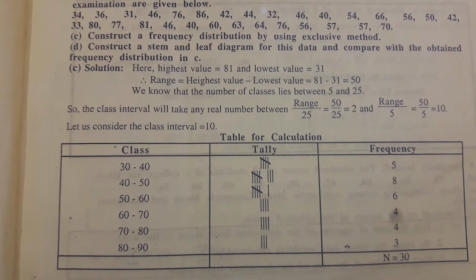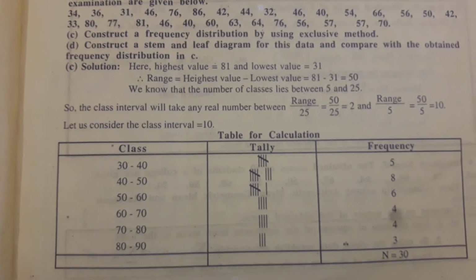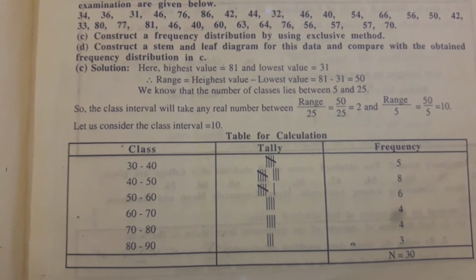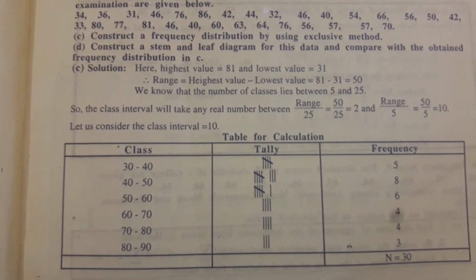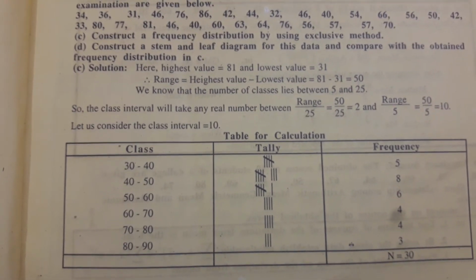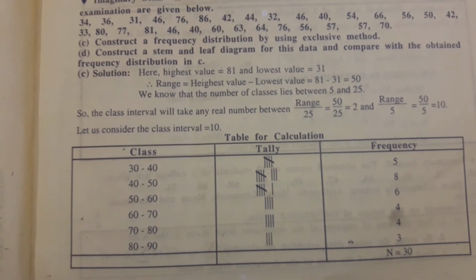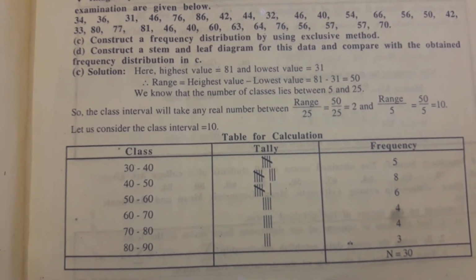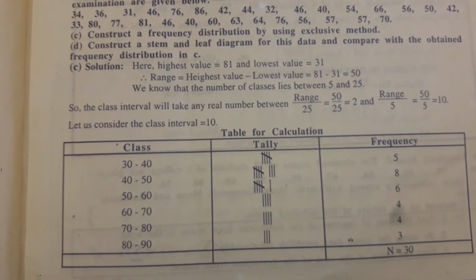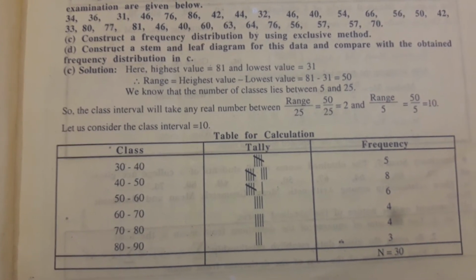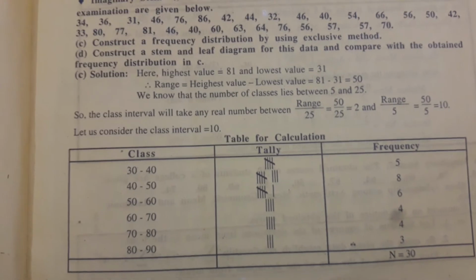C: construct a frequency distribution by using the exclusive method. We find the inclusive method also. And D: construct a stem and leaf diagram for this data and compare with the frequency distribution obtained in C.